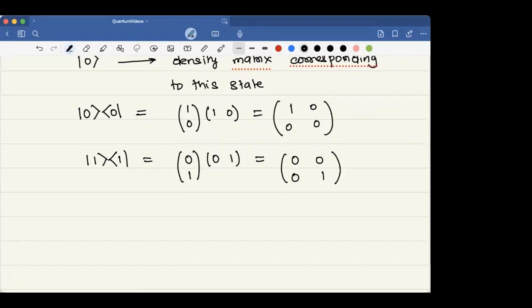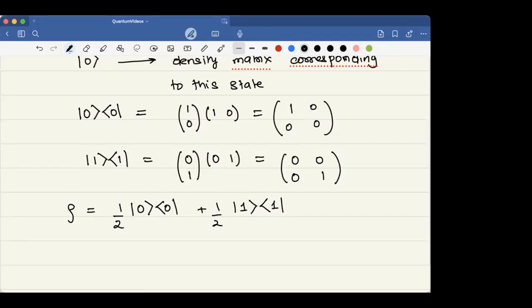Now you could have a mixture of the 0 state and the 1 state, let's say a mixture with probability half 0 and half 1. Then the density matrix corresponding to this state will be half ket 0 bra 0, that is the density matrix corresponding to the state 0, plus half ket 1 bra 1.